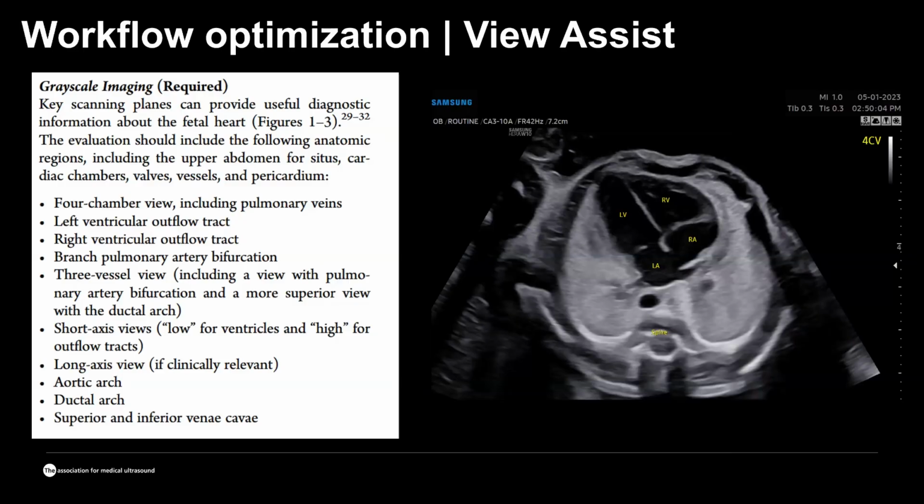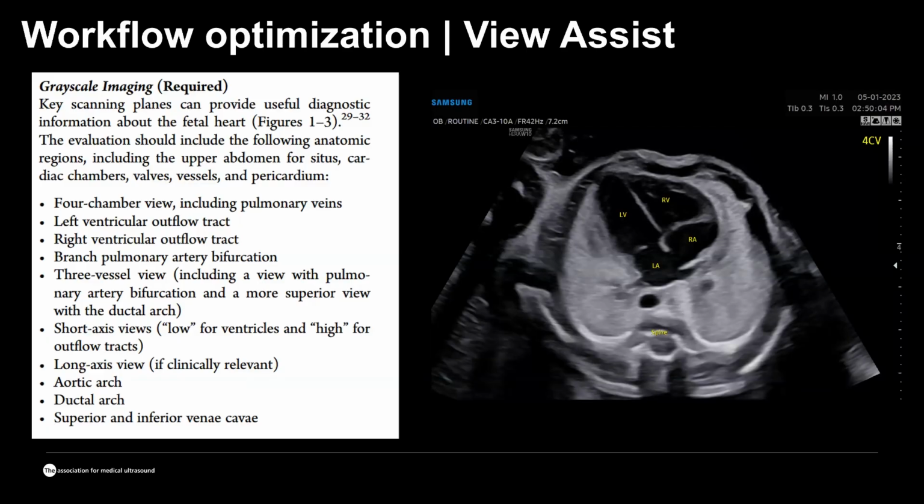So I just want to highlight that there are certain tasks that the workflow requires that you don't really like much. So here is the required imaging in the fetal echocardiogram that you can obtain. And as you can see, these are all the views that constitute the fetal echocardiogram protocol.